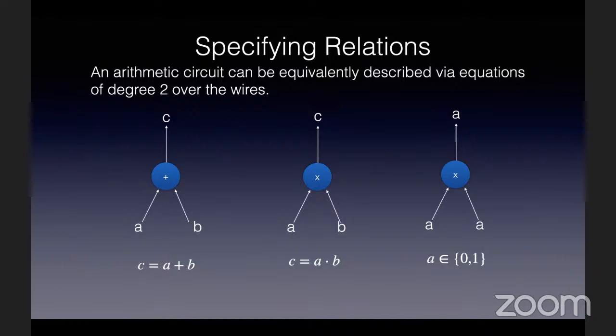When you have an addition gate with A, B, and C, you can capture it as an equation of the form C = A + B. Similarly, when you have a multiplication gate with A, B, and C as the wires, it is described by the equation C = A × B. So your complete circuit translates into a set of equations which are either additive or multiplicative, and whether the circuit can be satisfied is the same as whether all these equations can be simultaneously satisfied.